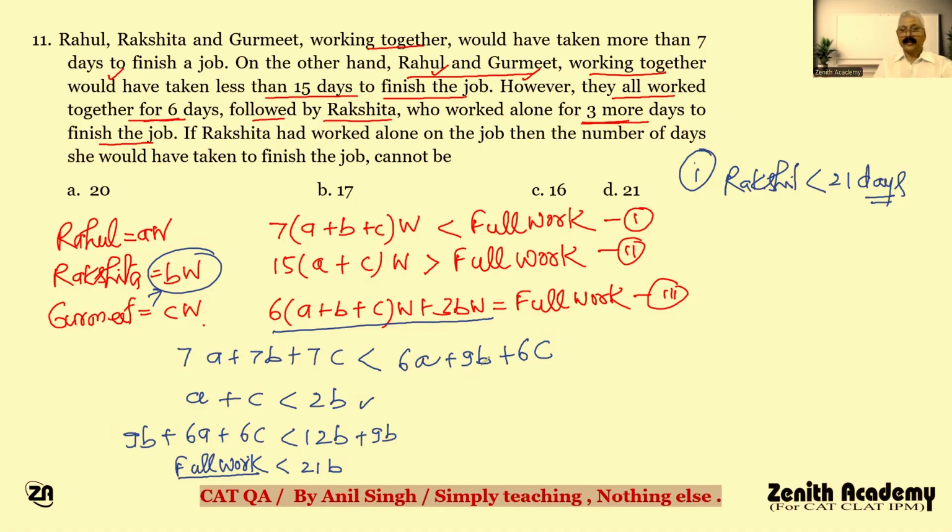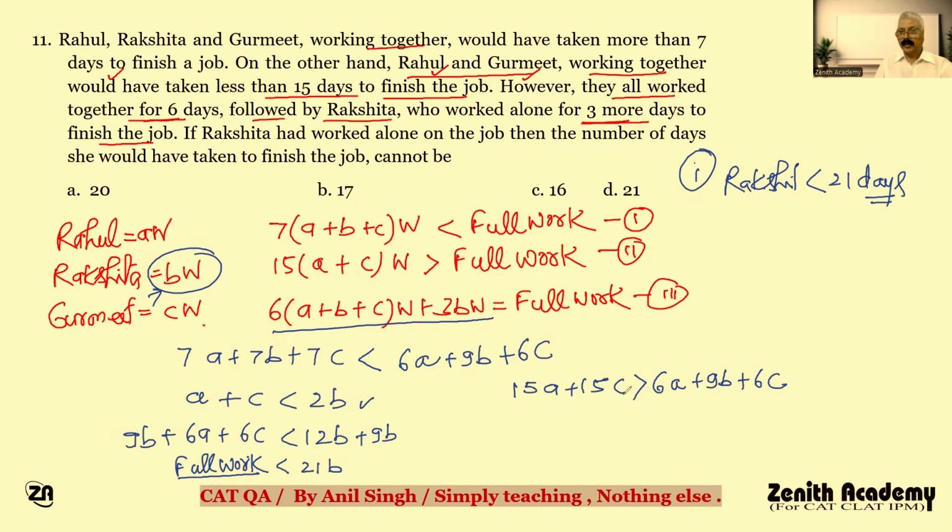But if I take this 15A plus 15C, greater than this full work, which is actually 6A plus 9B plus 6C.